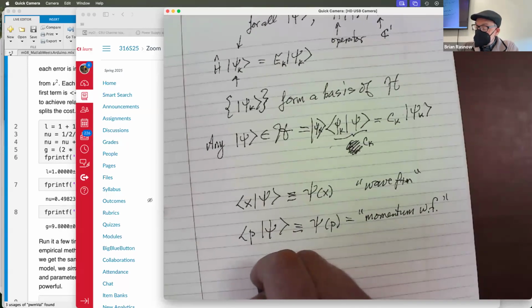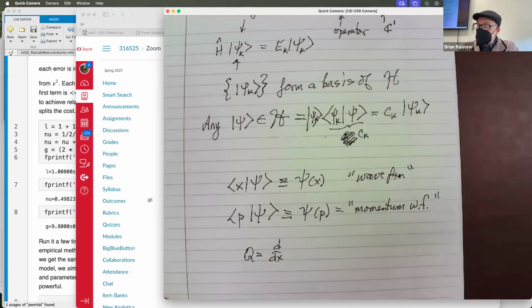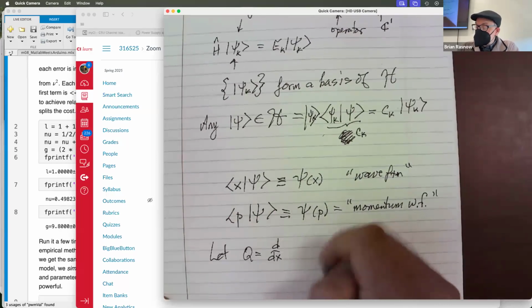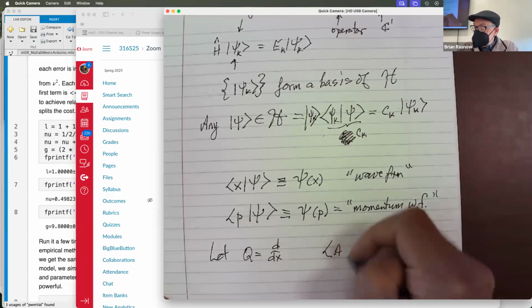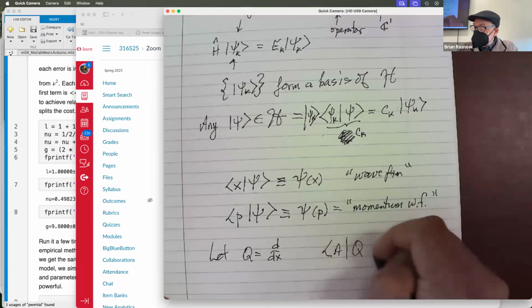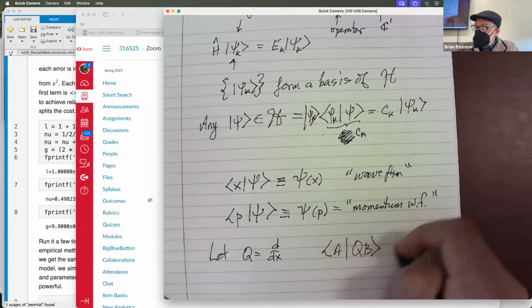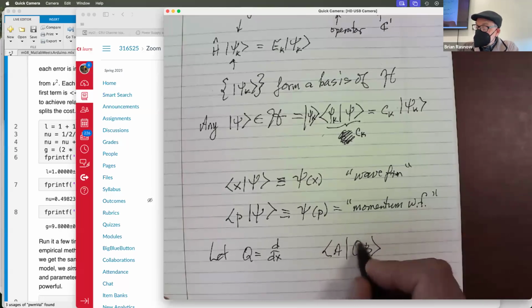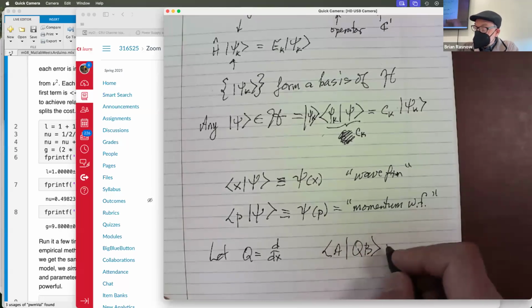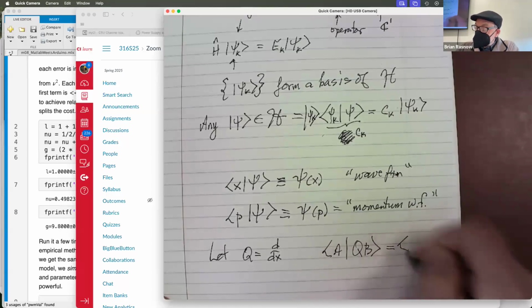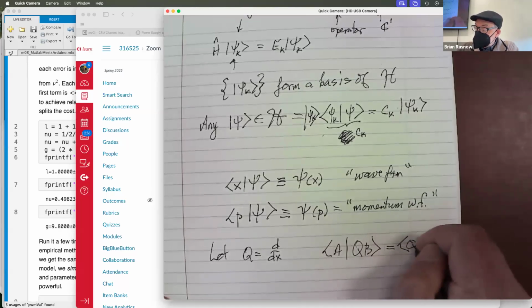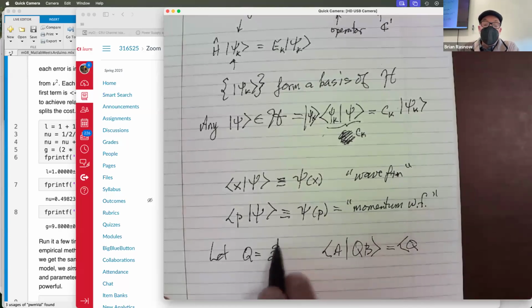So if Q equals d by dx, then we can look at some state A and Q acting on B. And if we want to move Q over here and we take a dagger, then what we find is that Q, first of all, what is Q dagger?